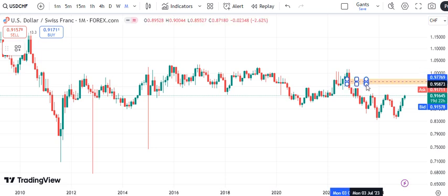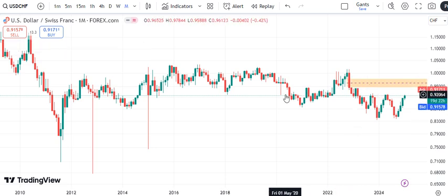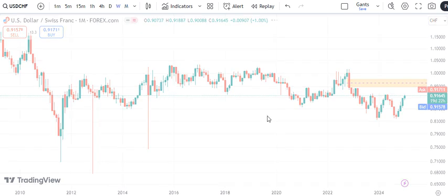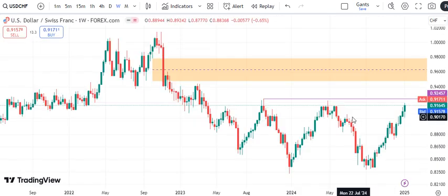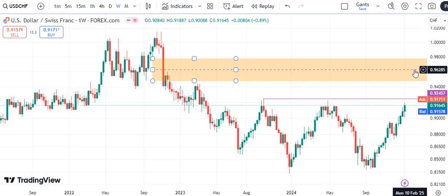That's where we're looking on monthly time frame. Same thing goes for weekly time frame. We are bullish on USD CHF, Swiss. So this is where we're looking at price to get to. So between now and March, we want to see price get into this level.